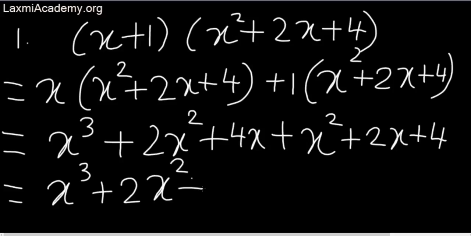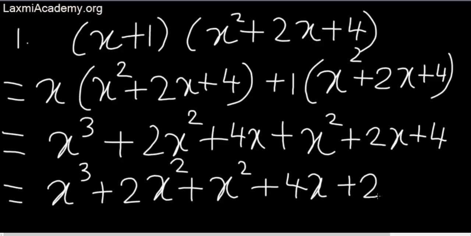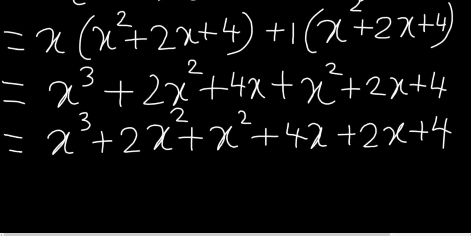2x squared plus, there is a like term here, x squared, plus 4x plus 2x plus 4. Then you add together like terms. So x cubed plus 2x squared plus 1x squared, which is 3x squared.